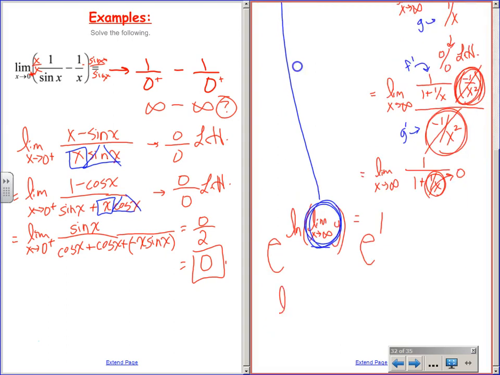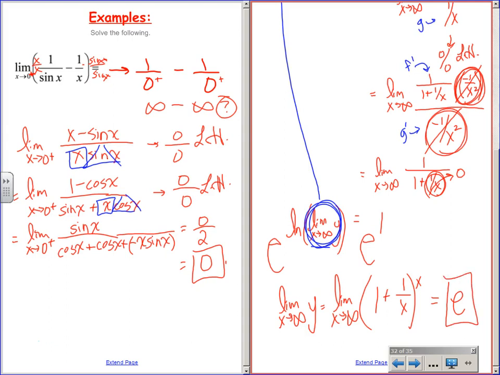So ironically, the limit as x goes to infinity of y, which is the limit as x goes to infinity of 1 plus 1 over x to the x, is, which some would say is a definition, of E. So actually, in BC, we memorize this puppy. You're welcome.